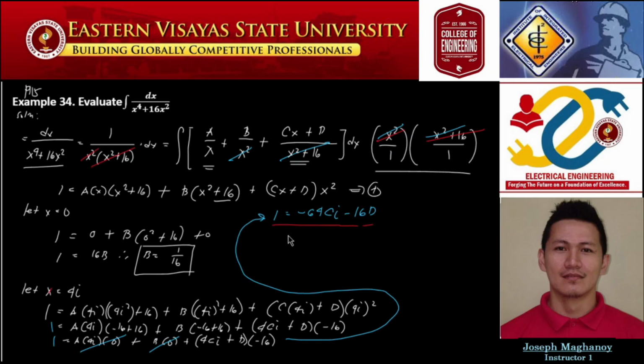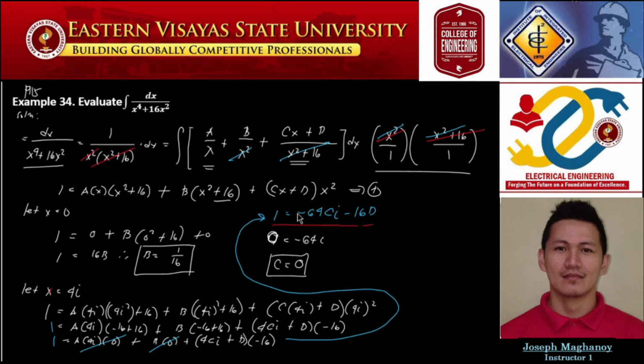If we equate the terms with respect to c, we have 0 equals negative 64c. So we can say that c is equal to 0, since 0 over negative 64 is still 0.